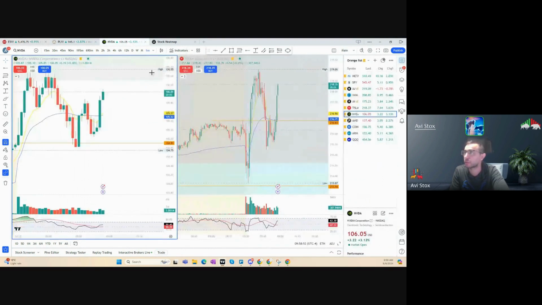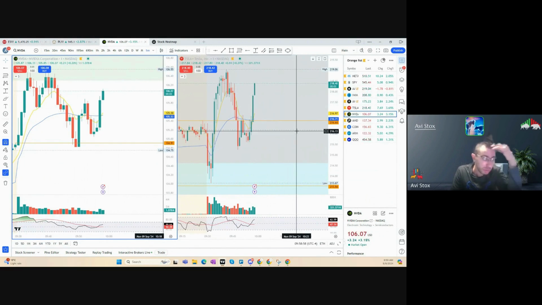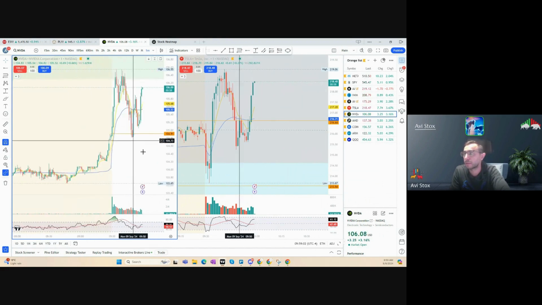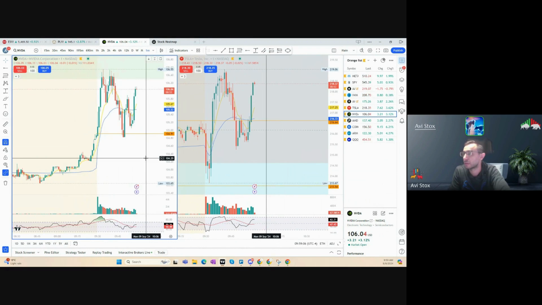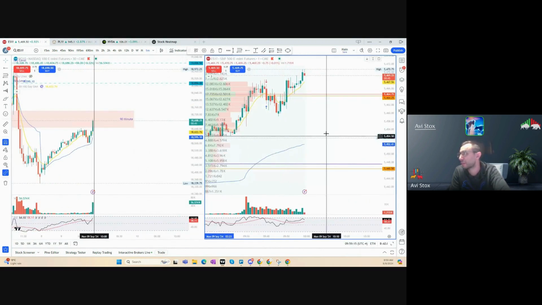Tesla also just moved higher. Nvidia and Tesla will have a nice move higher now. So the fact that it's coming a bit down doesn't scare us, right?